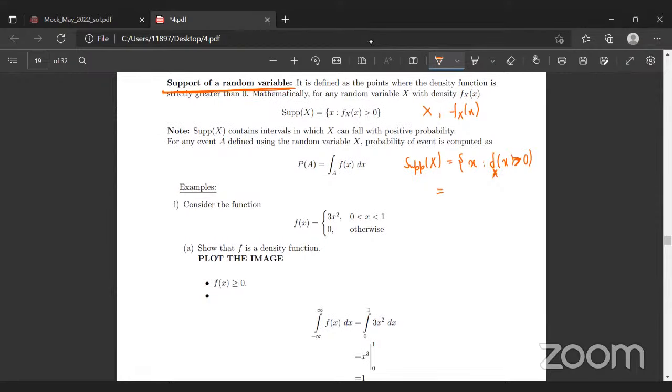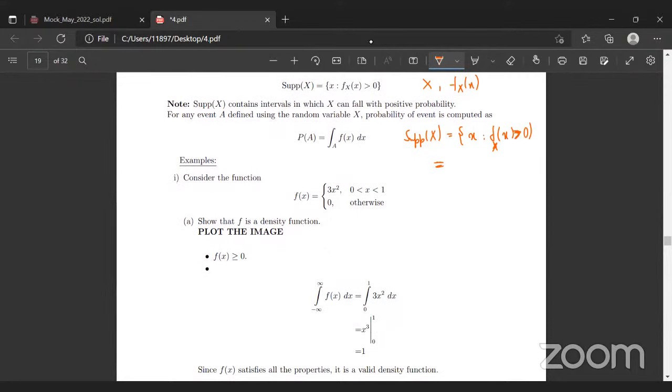Basically support of x takes all those values of the random variable for which the density function becomes greater than 0. Look at this function over here. It says fx is 3x squared where x lies between 0 to 1. Now what should be the support for x here? 0, 1, where 0 and 1 are not included. Yes, because for any x that lies between 0 to 1, your fx is greater than 0. So this is going to be your support.